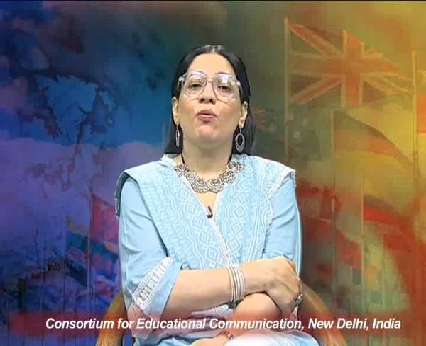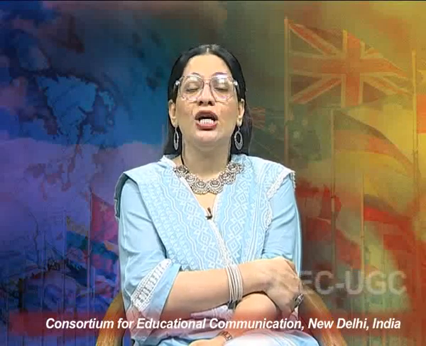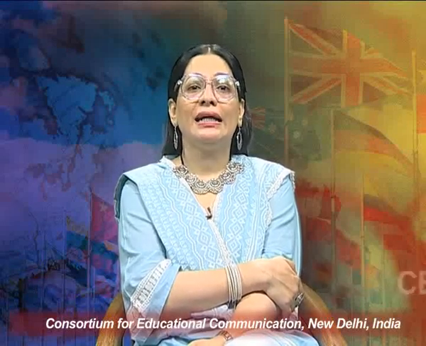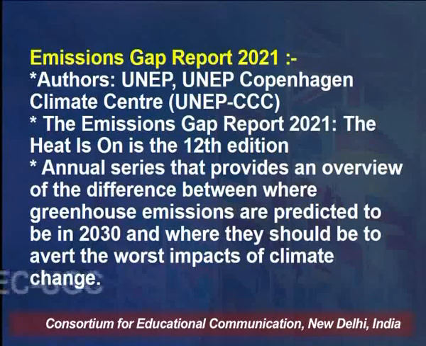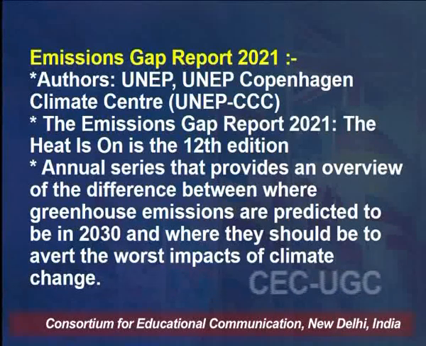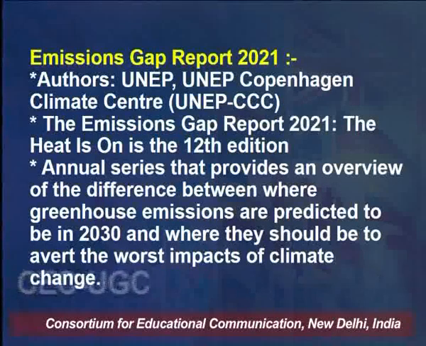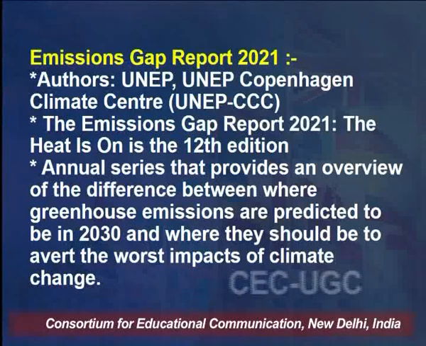Now this report was authored by the UNEP Copenhagen Climate Centre, and this is the Emissions Gap Report 2021, that is, The Heat Is On. That's very important. The title reflects the important findings in the 12th edition.